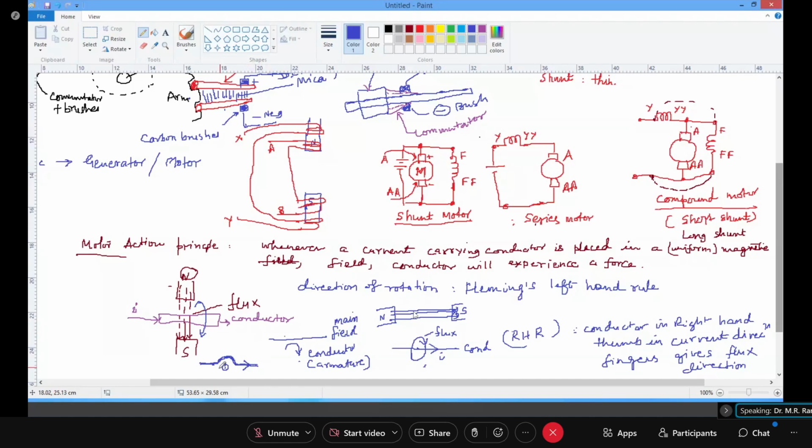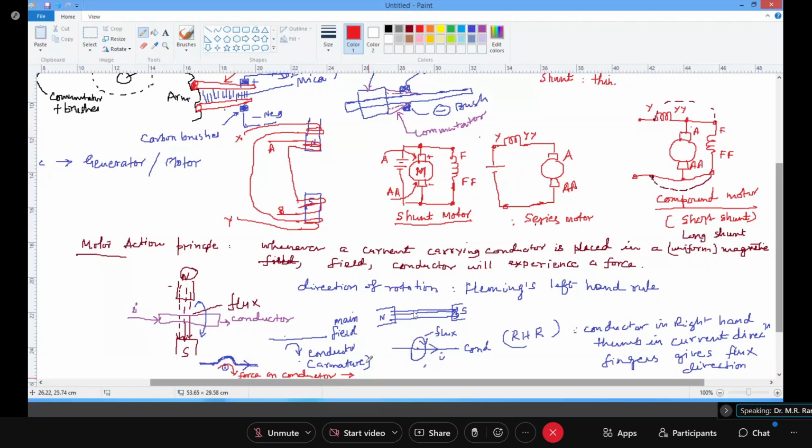And in doing so, it exerts a force on the conductor, and that is what we needed. Clear? So this is how force is applied through some radial distance.